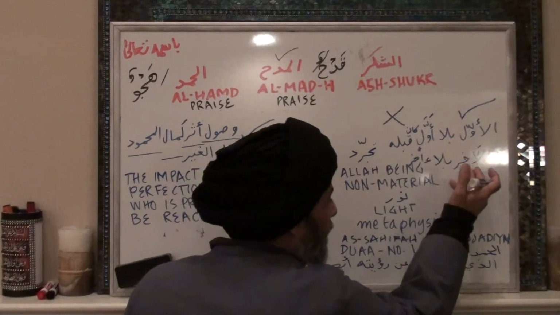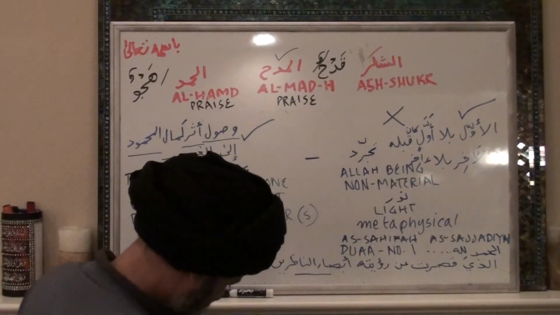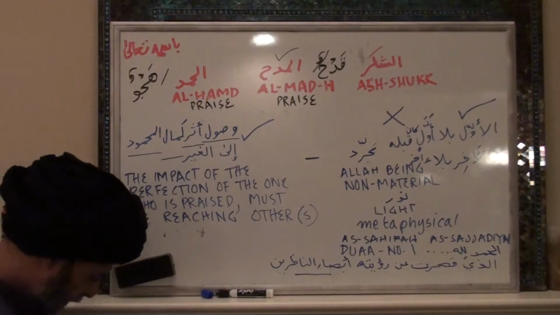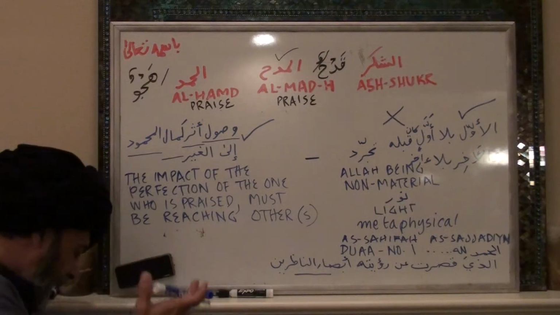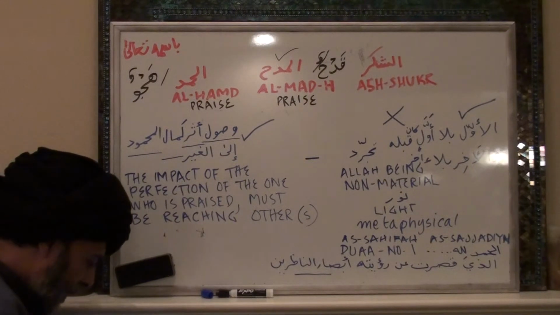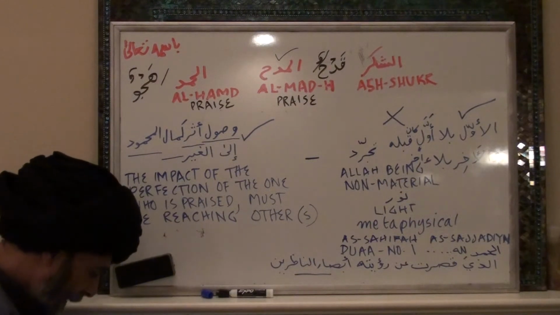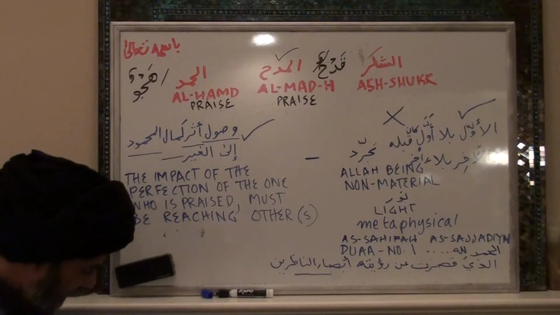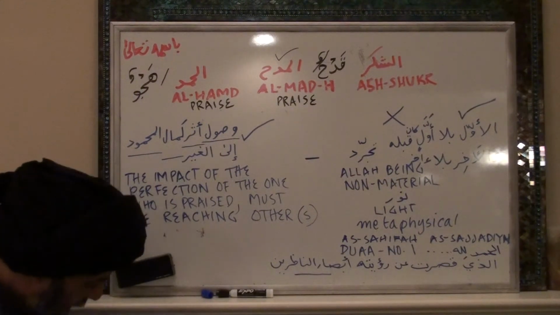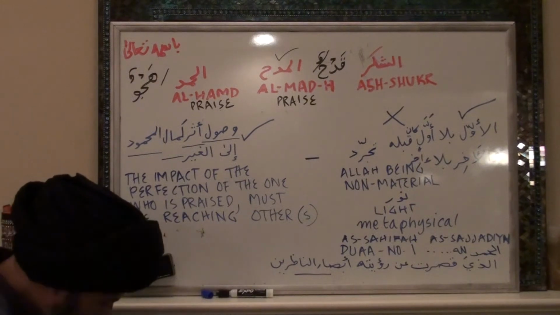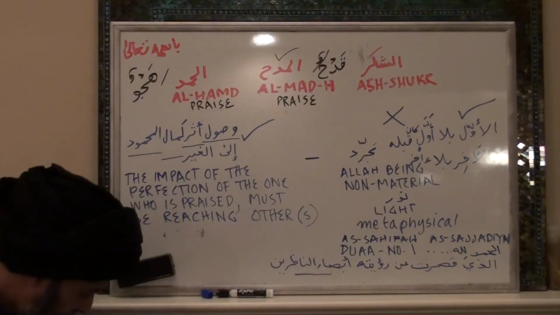So being the first and being the last and being non-material, all these are attributes of perfection of Allah. Being the first is an attribute of perfection. Being the last, everyone would die and nothing would remain except Allah. He's the last, right? Being the last is an attribute of perfection. Being non-material and non-visible is an attribute of perfection for Allah.